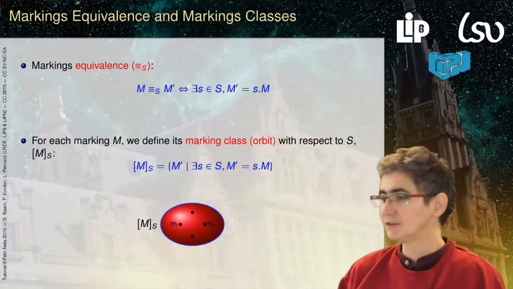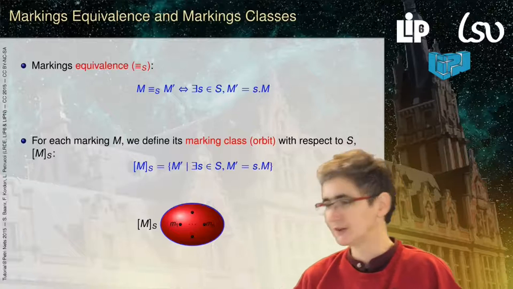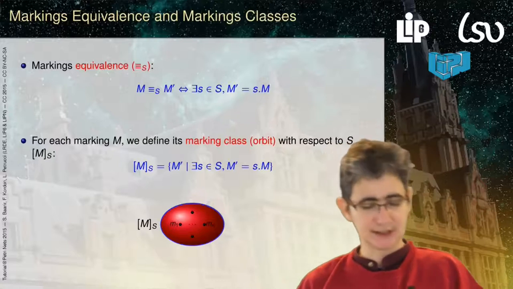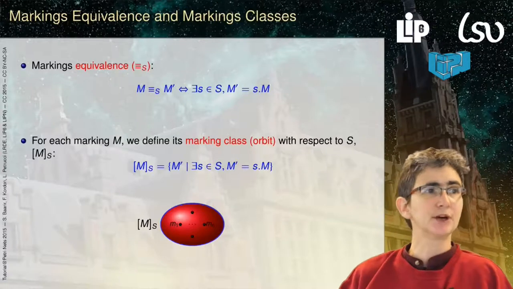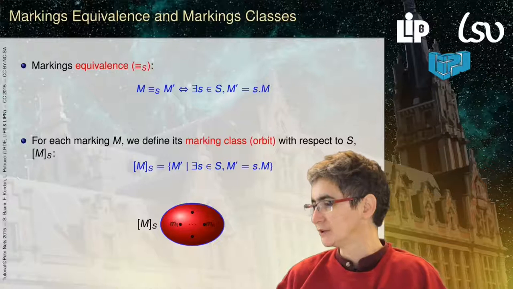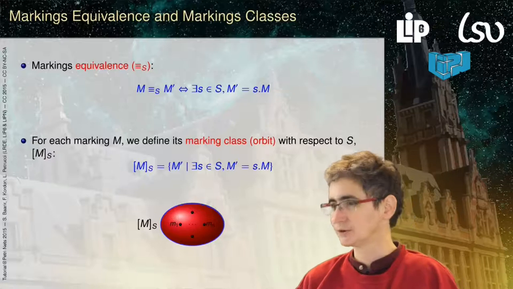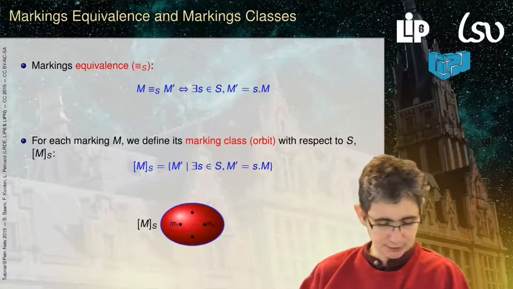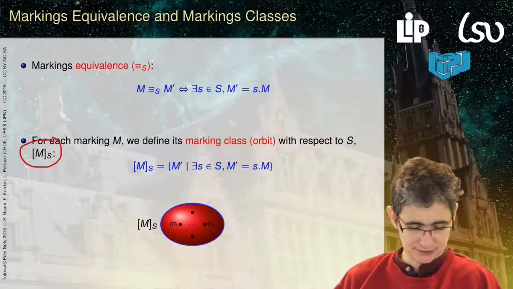So we can define an equivalence on markings according to the symmetry. Two markings M and M prime are equivalent according to the set of symmetries S if and only if you can find a symmetry such that M prime is obtained from M by applying this symmetry. For each marking, we define its marking class, also called an orbit, with respect to the symmetries S, and we denote it by M in brackets with S as an index.